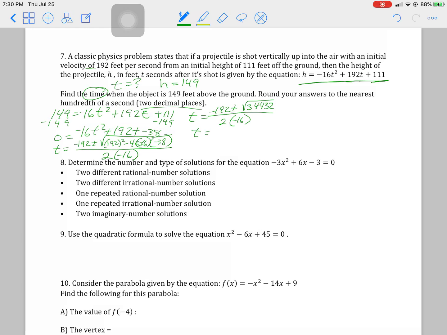So t is going to equal 192 plus, and 192 minus.